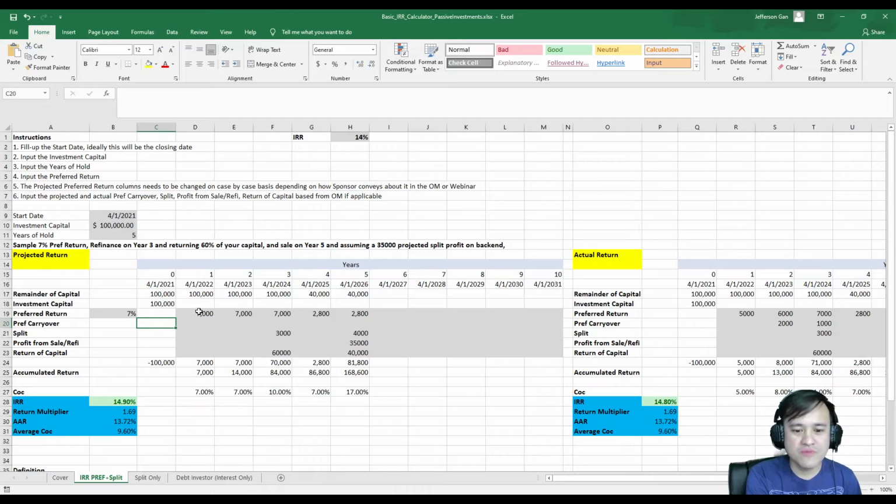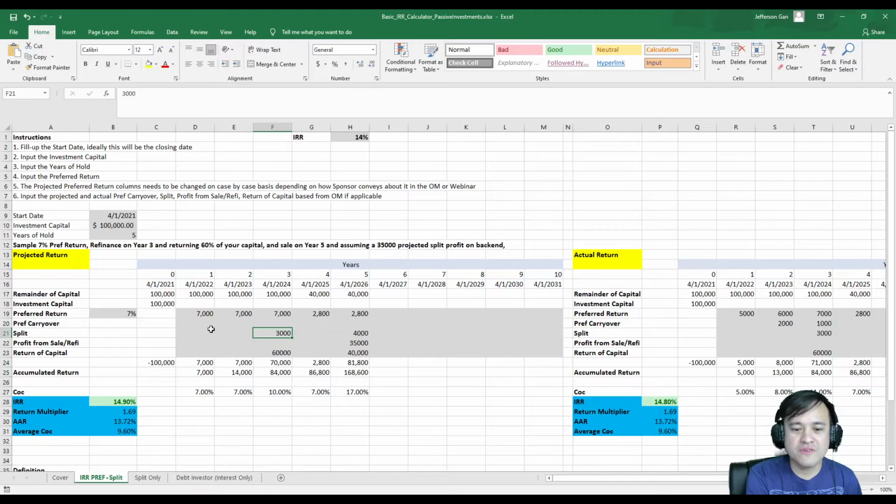Let's say this will have a refi in year 3. The split can be like an 80-20. I didn't specify the 80-20 because it can vary on a deal by deal basis.